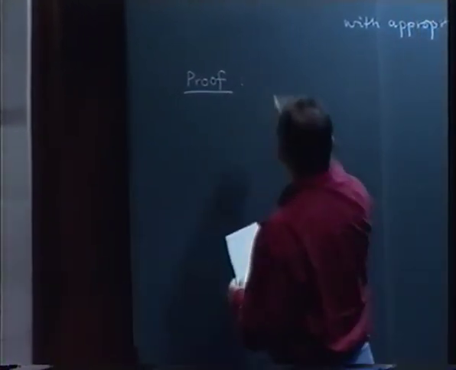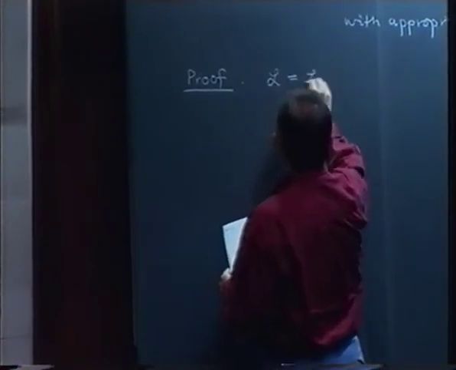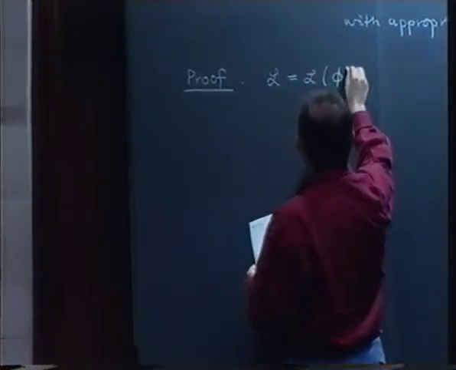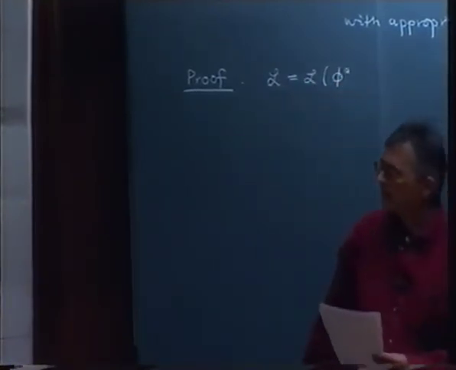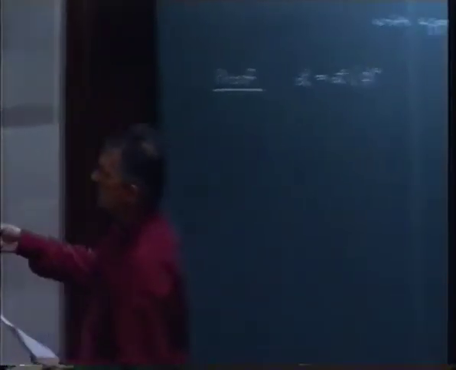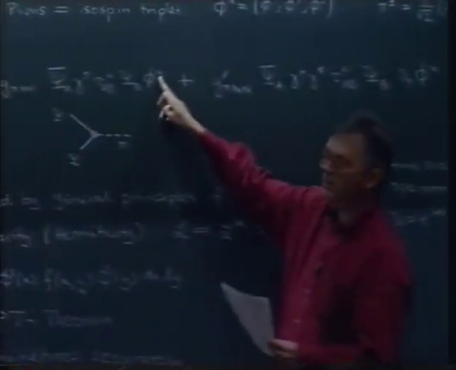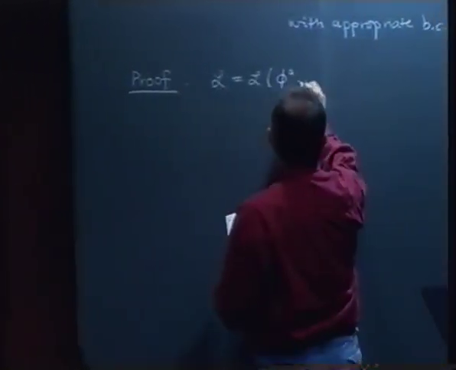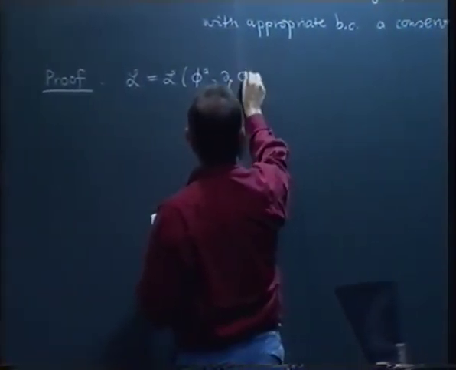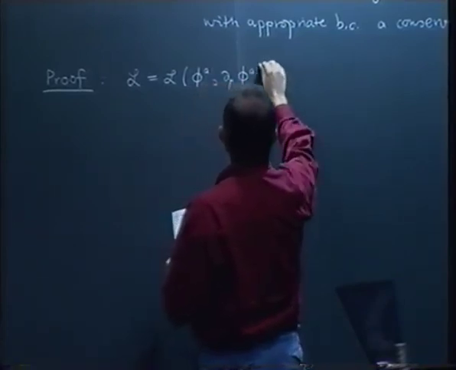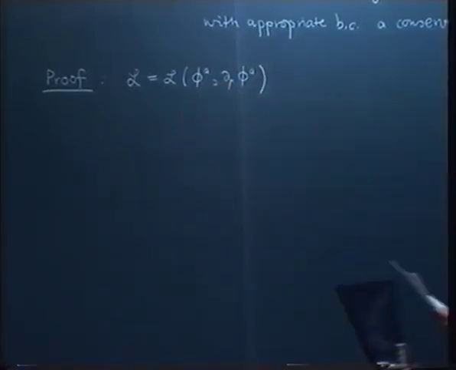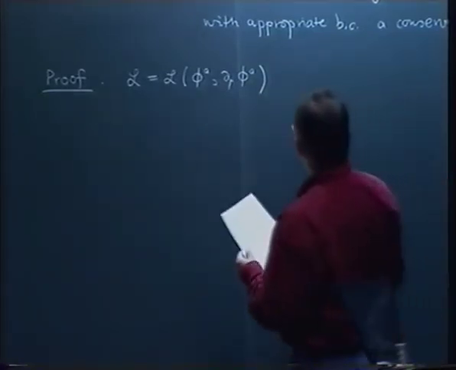So let's assume that L is some Lagrangian, depending on some set of fields which are labeled by phi A, which can also be spinor fields. It's not the same label as here. It's just any label. And let's assume that it just depends on these fields and their first derivatives. But of course, you could also generalize it to a more general situation.